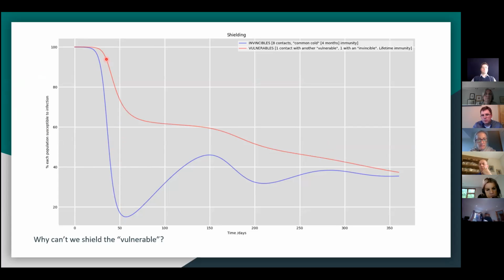But the vulnerable community, who are restricted to one contact with another vulnerable member of the community and one with an invincible who has to care for them, still have a very large chunk of that vulnerable population getting infected. And if reinfection kicks in, which hopefully should be around next January, it will just keep going and going, and eventually you'll have the same amount of infection in both cohorts.